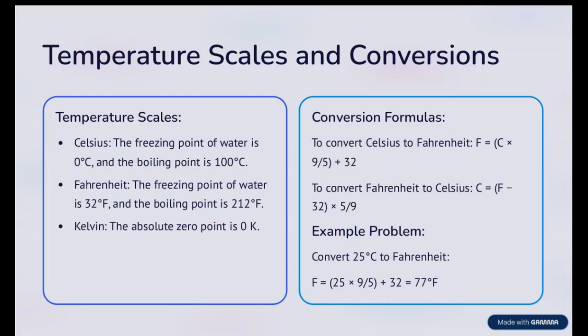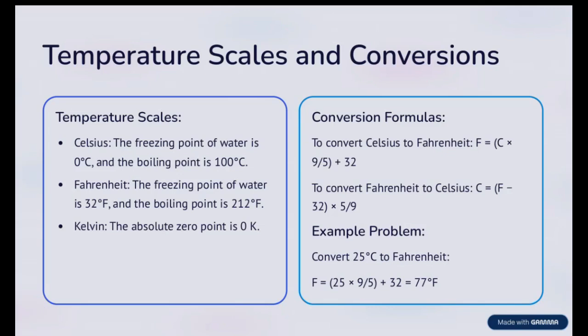Any degrees in Celsius, you add 273 to it. Yeah, you add 273. 100 plus the melting point, which is 373, which is the boiling point. I didn't get you. I'm talking to my fellow student.